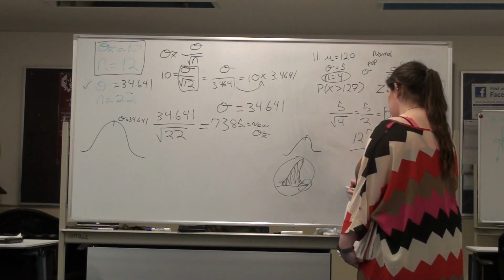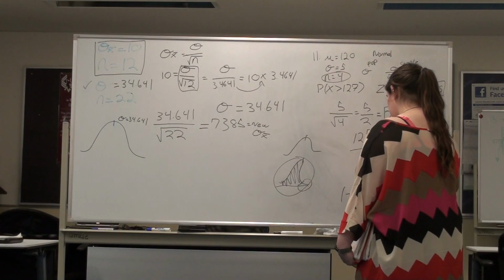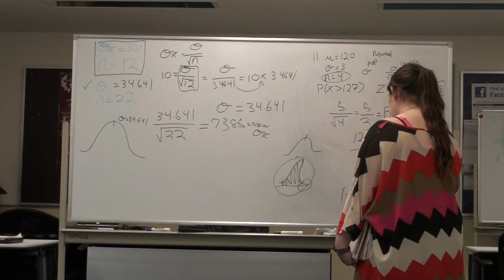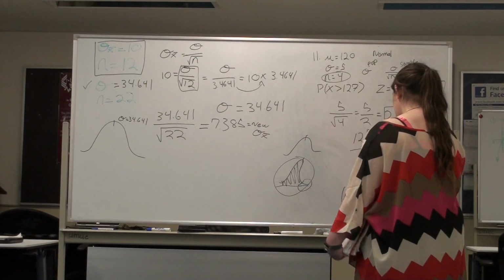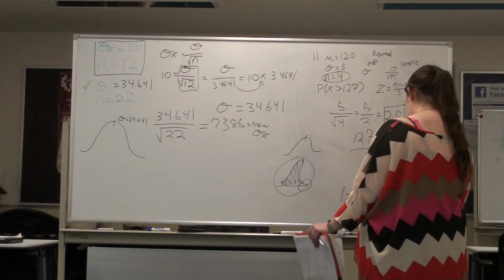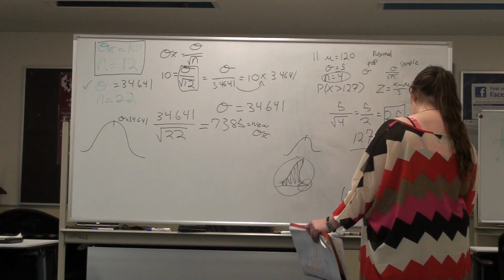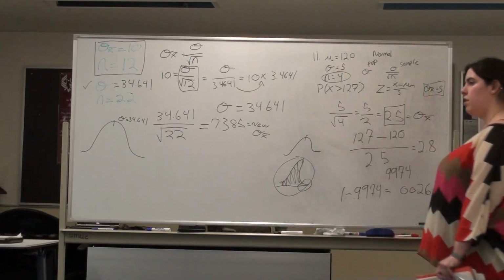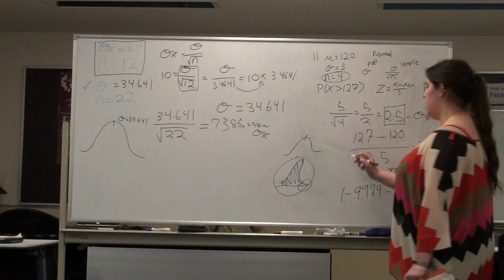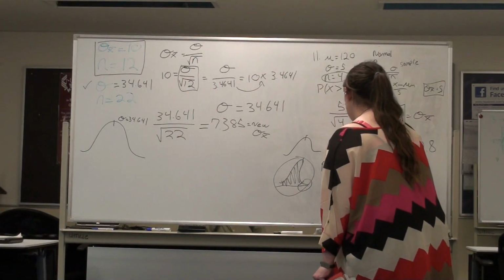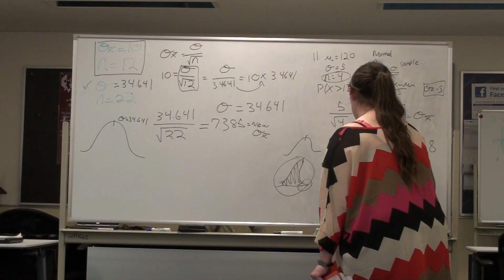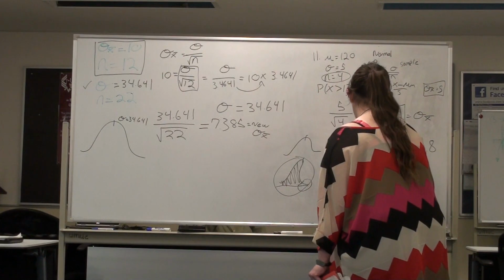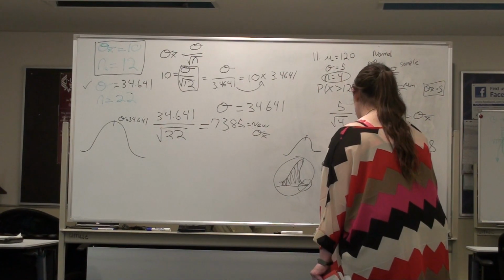Just take 1 minus that. And this would be the probability of X being greater than 127 out of a sample of 4, which is equal to 0.0026. So that'd be your answer.